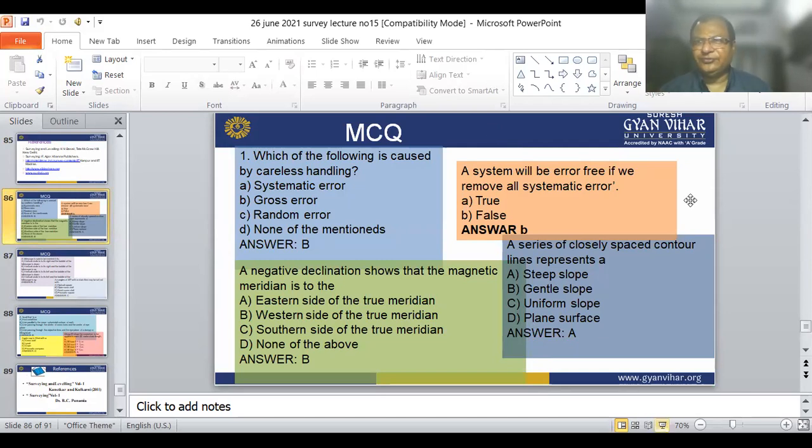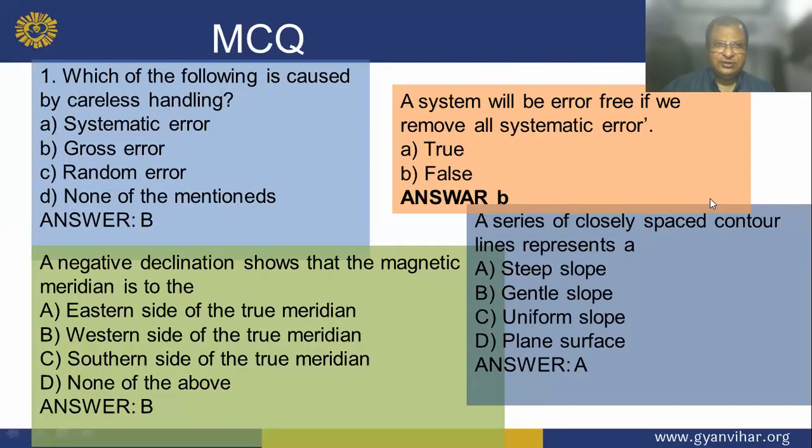So give me a reply. Which of the following is caused by careless handling? Systematic error, gross error, random error, or none of these. Correct answer is B, that is the gross error.